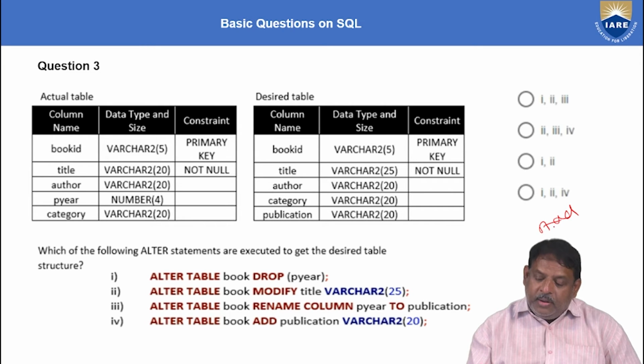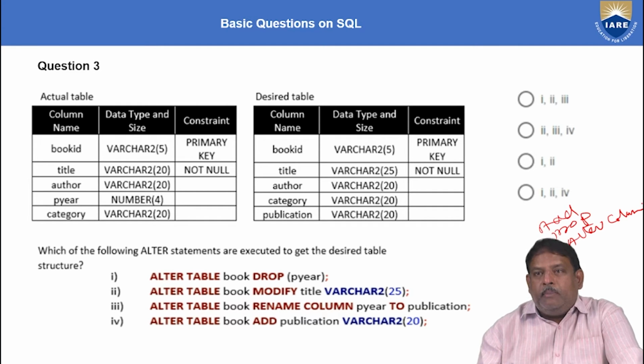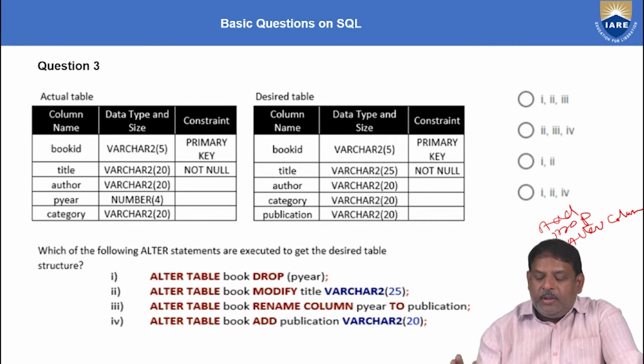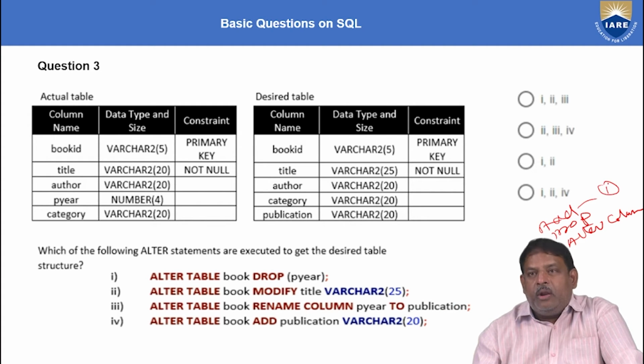After creating a table, we can drop a column. We can also alter a column. So a table can be modified for three purposes. In the first purpose, we can add a new column. In the second, we can drop an existing column in an existing table. The third is that we can change a column in the table.